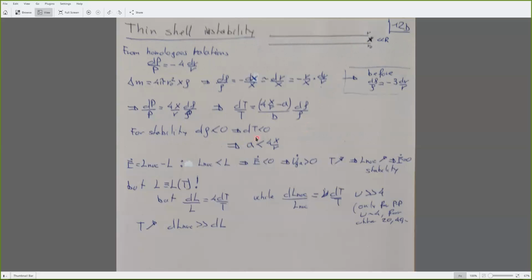For an ideal gas, for example, it is 1, and this can be satisfied if the shell is vast enough, not too thin, for example if it is 1/3 of the radius.